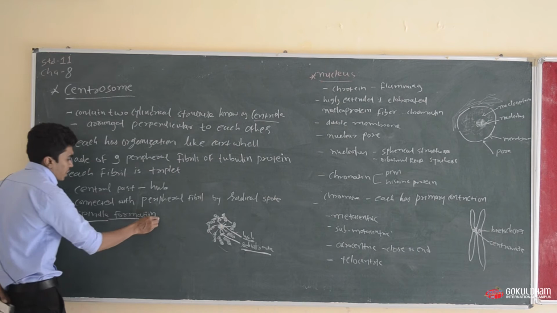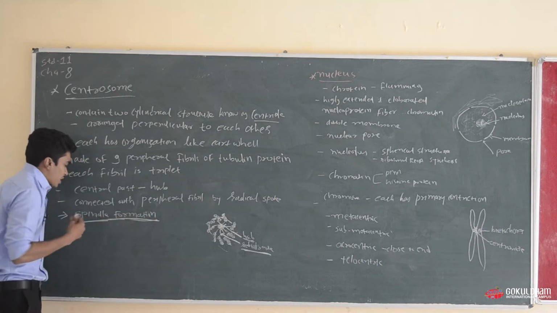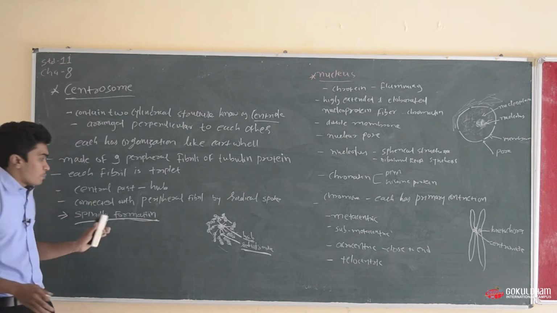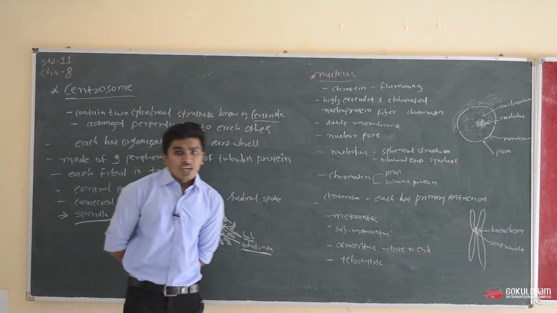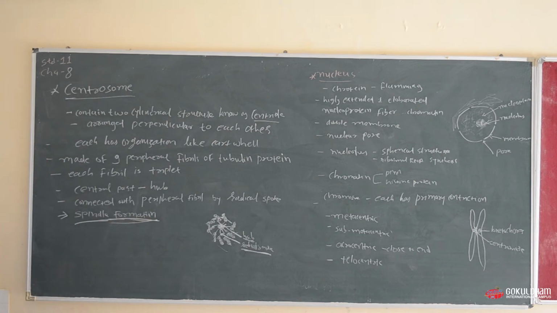Now one question may arise: in the animal cell the centrosome is responsible for spindle formation, but in the case of a plant cell, from where does the spindle formation take place?